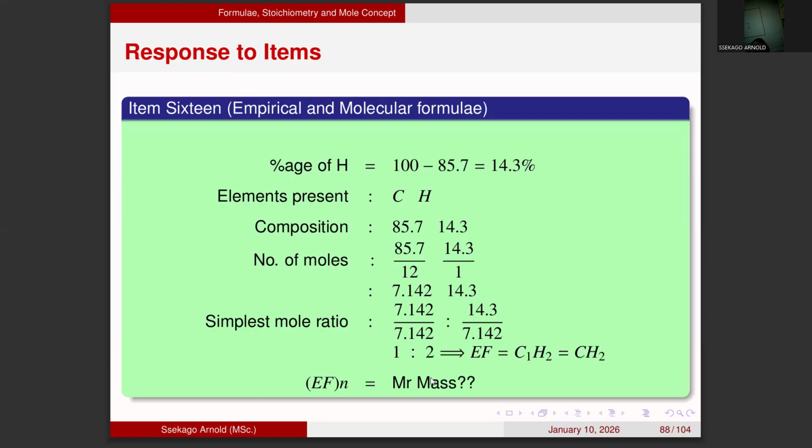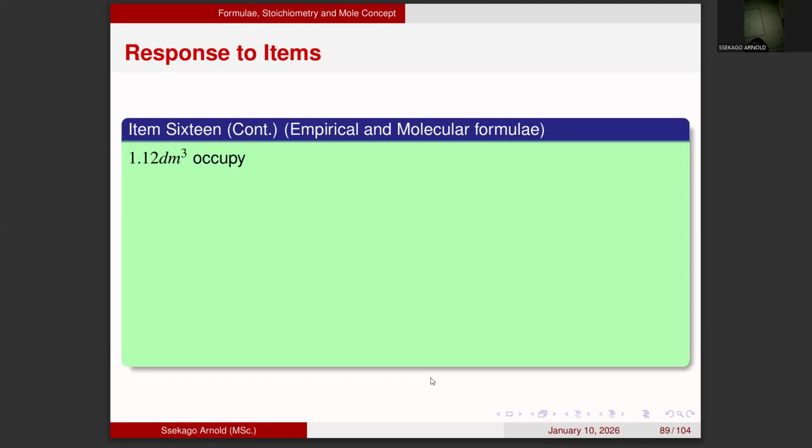This information was given in the item, if you cross-check.